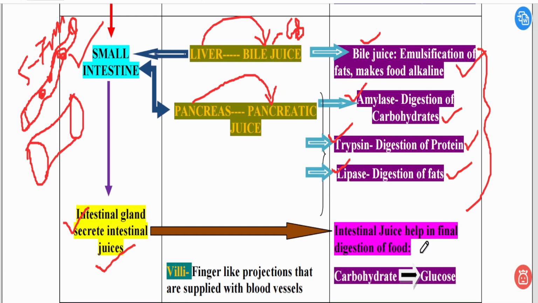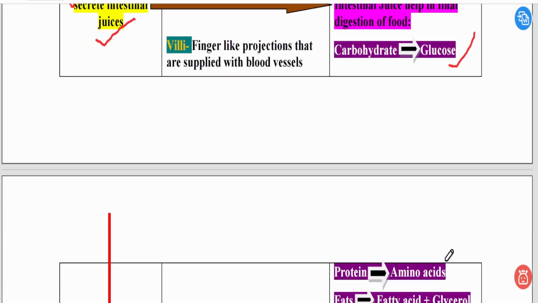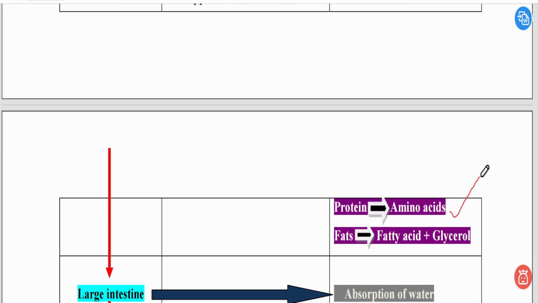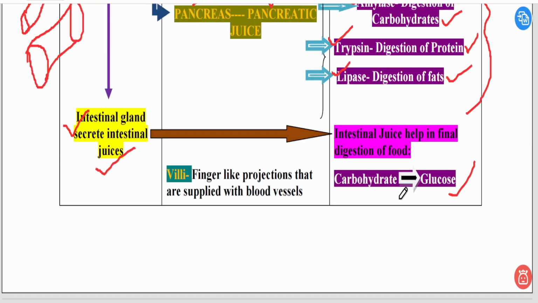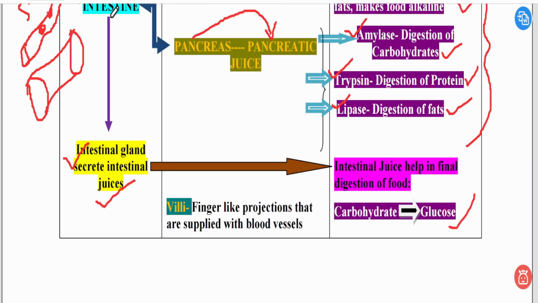So the small intestine also contains intestinal glands, and the intestinal juice will help in the breakdown of carbohydrates into glucose, proteins into amino acids, and fats into fatty acid and glycerol. Now see, here in the small intestine you can find villi.